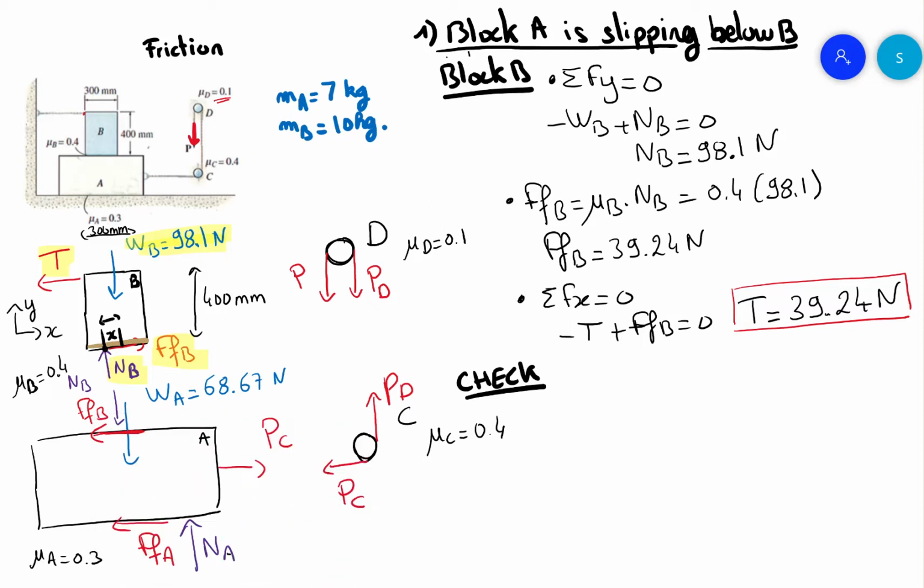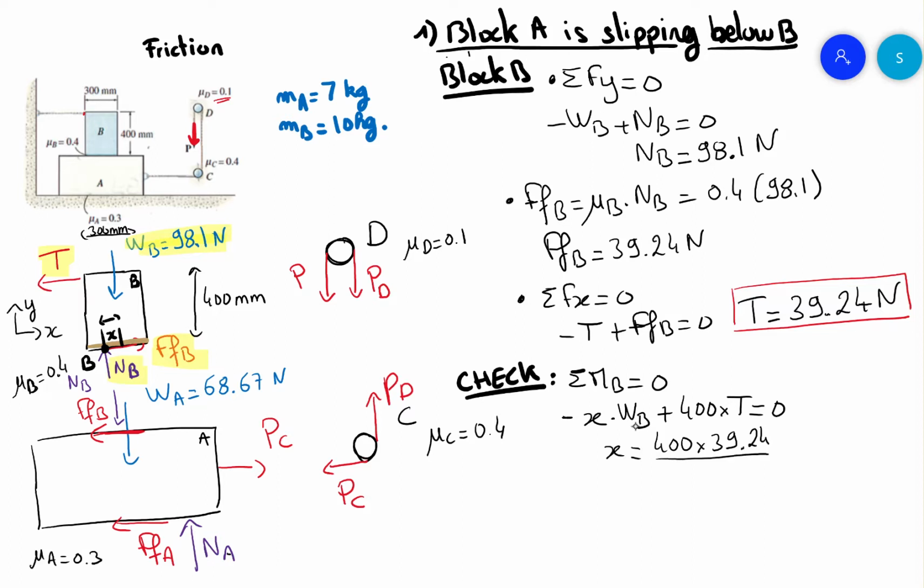For that, we will use the moment about this point B. Sum of the moment about B is equal to 0. We have the distance X times WB, and that's a negative moment, plus the distance of 400 millimeter times T equal to 0.